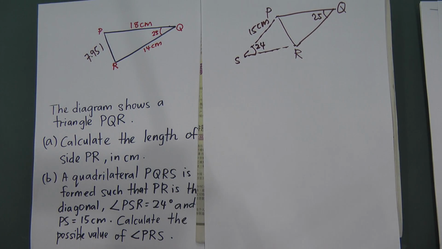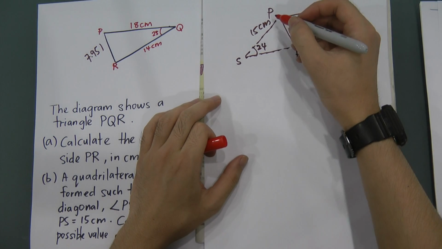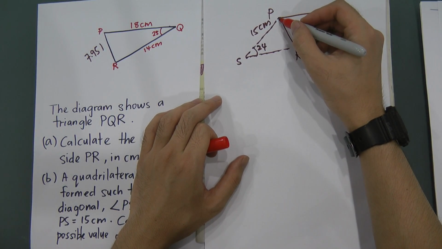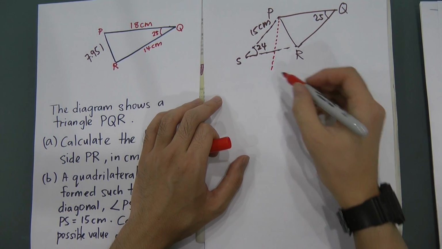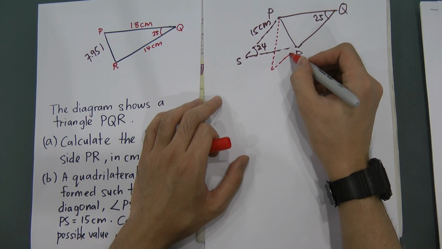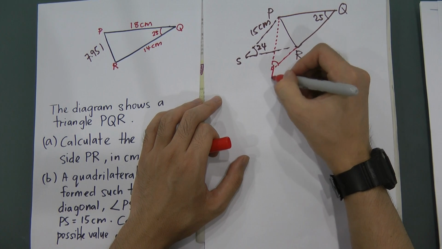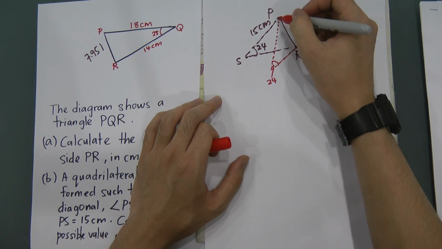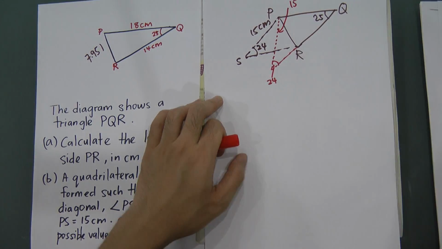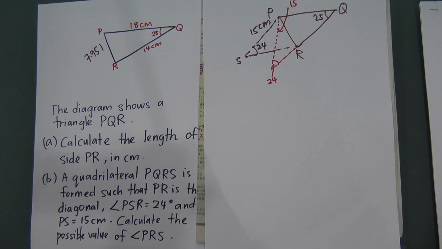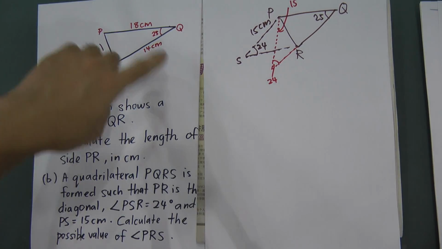And then actually we have another possibility for PS. We draw another 15 centimeter here, and then we connect to R, and here is 24. For this one, the length here will be 15. Both also fulfill all the conditions.